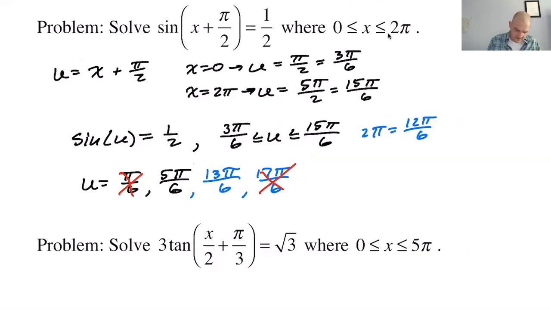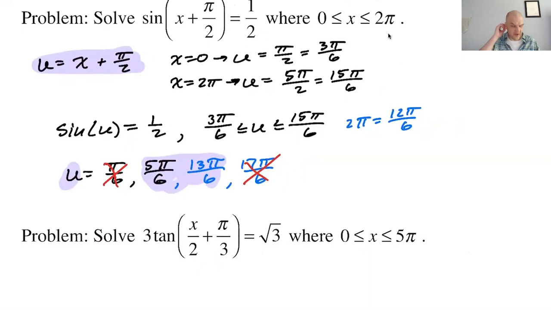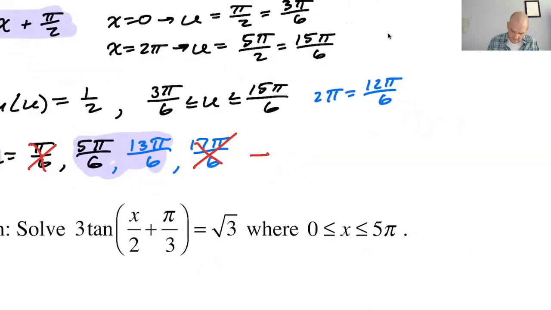So all we really need to deal with is the fact that this is happening, do this, and then we have these solutions to deal with. So I'm going to rewrite pi over 2. I'm going to make it x plus 3 pi over 6. Apparently I'm using red.